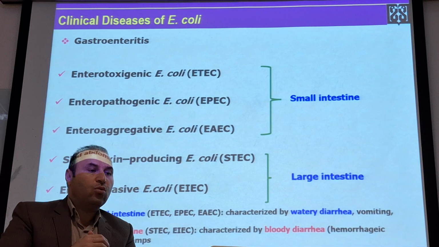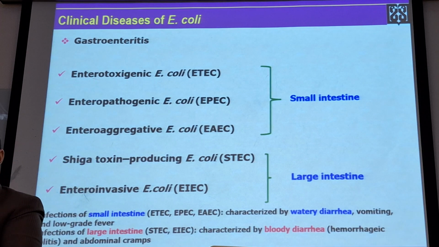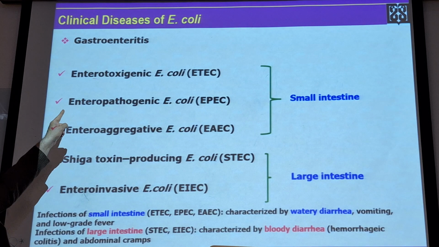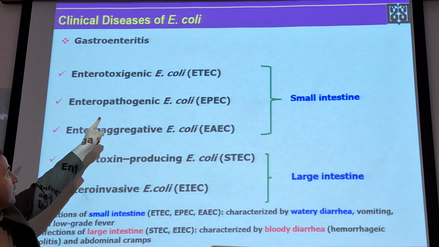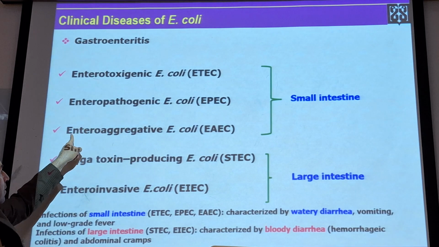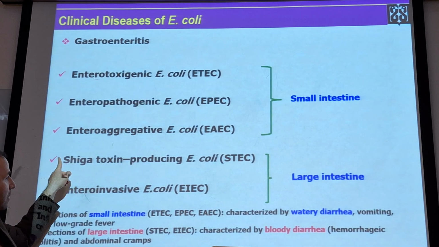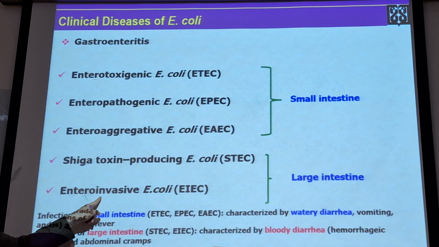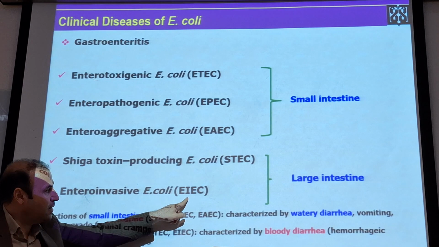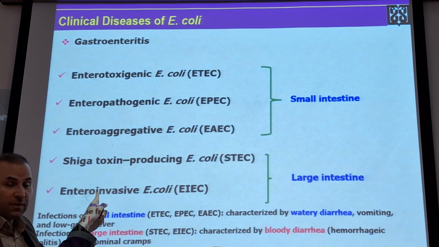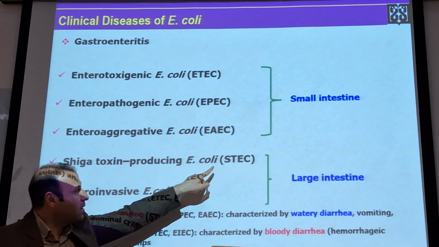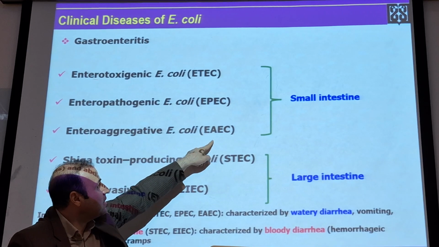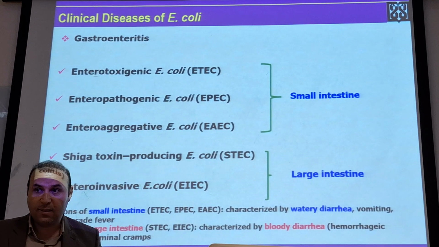Five different groups of E. coli are responsible for gastroenteritis: enterotoxigenic (ETEC), enteropathogenic (EPEC), enteroaggregative (EAEC), Shiga toxin-producing (STEC), and enteroinvasive E. coli (EIEC).